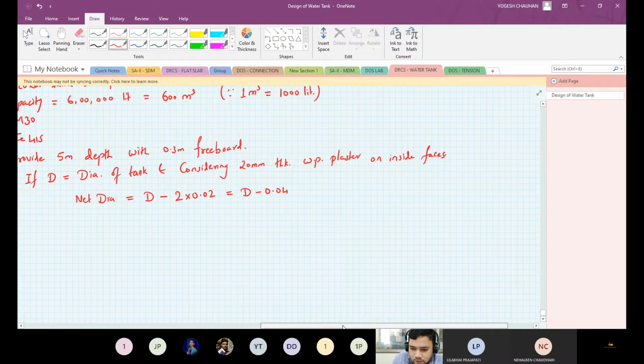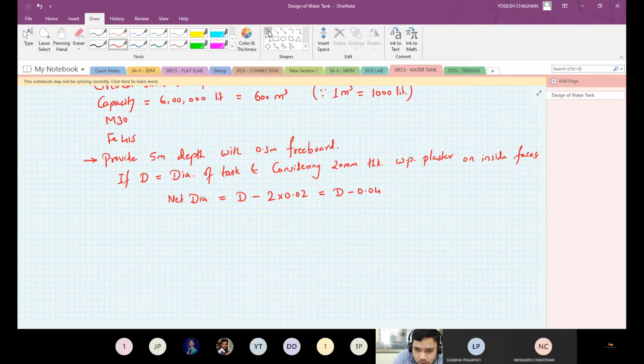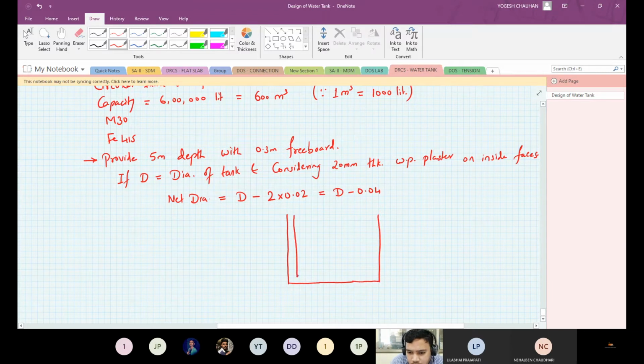We have assumed the depth, and let us say this is the section.